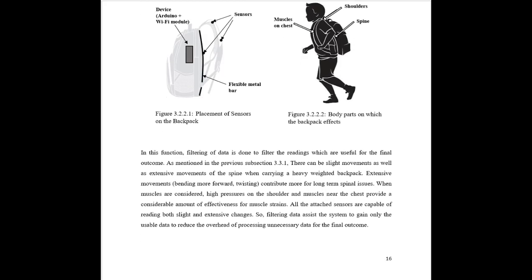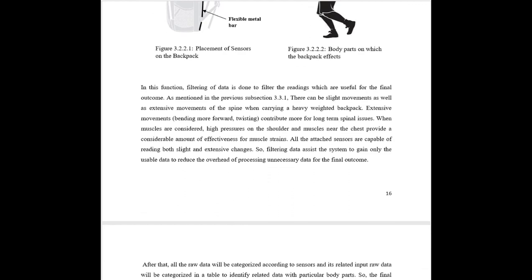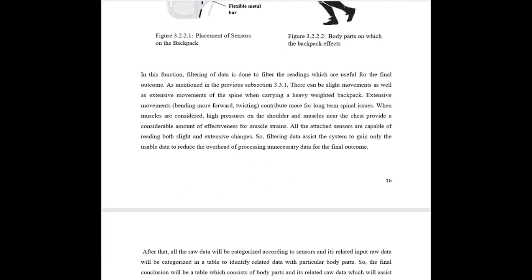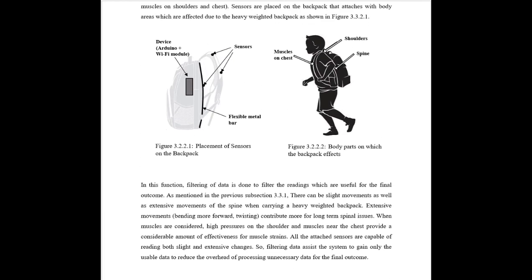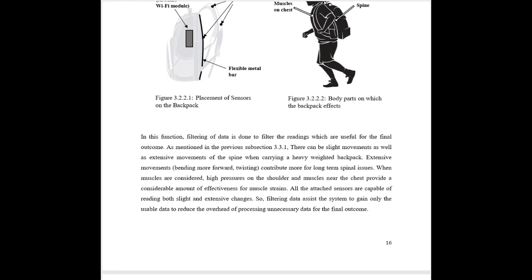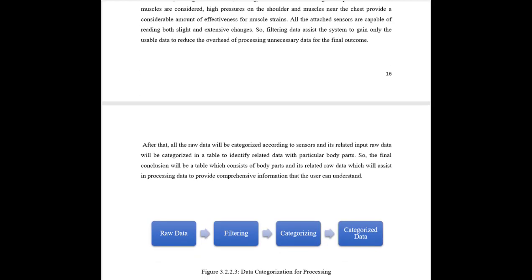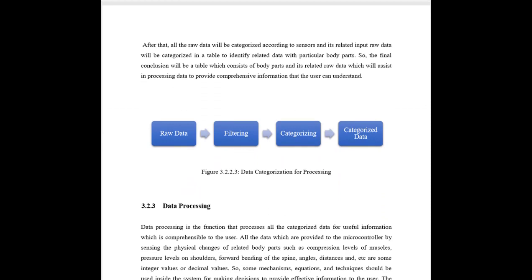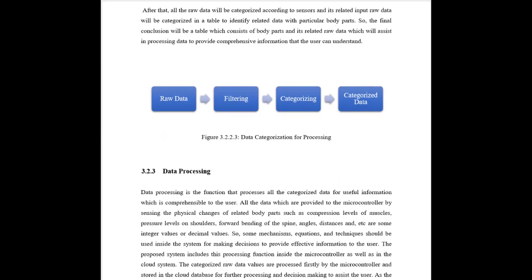And here I have described the data categorizing function of this system. This figure shows the data categorizing function, raw data filtered and then categorized to gain the categorized data.